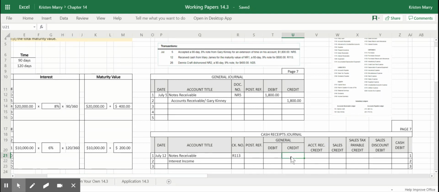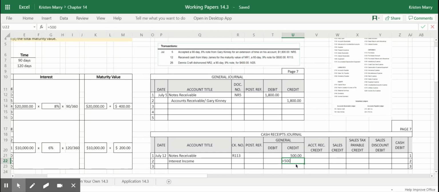Our notes receivable, since we're receiving payment, it's making the notes receivable account decrease, which would be a credit. So we're crediting that notes receivable account $500, and then the interest income account is going to be credited for the interest on the $500. So just like we calculated interest over here, that's the same way we would calculate interest for here.